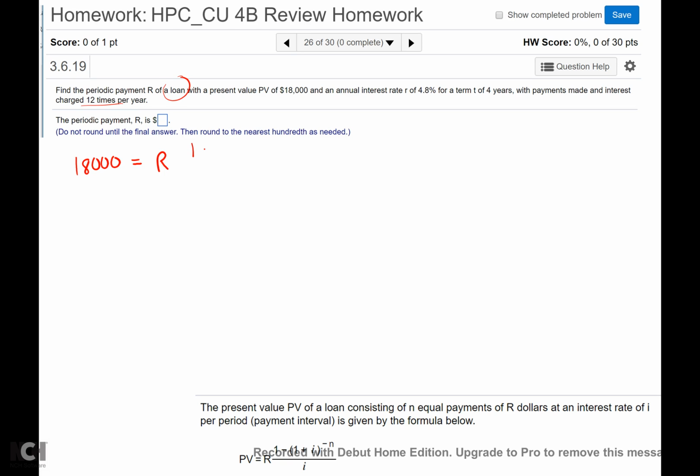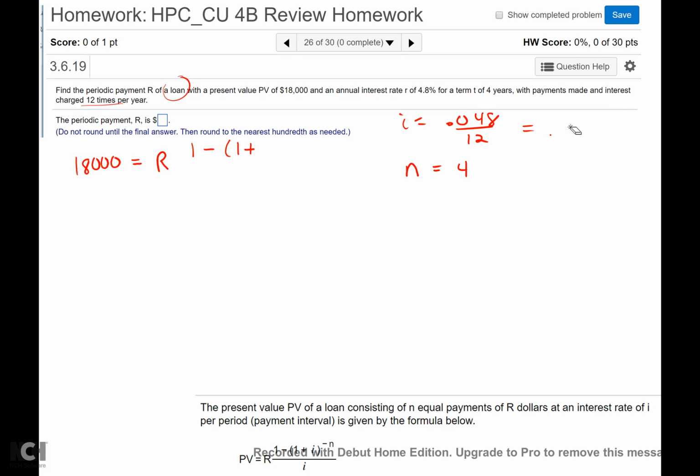And I'm going to have 1 minus 1 plus, my I is going to be 0.048 divided by 4, which is 0.012. My N is going to be my 4 years. Oh goodness.